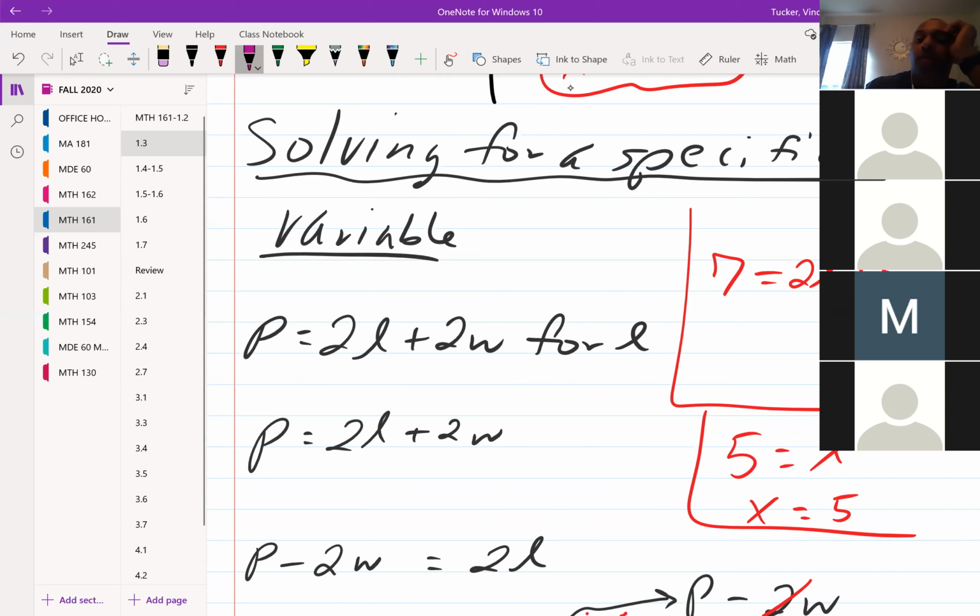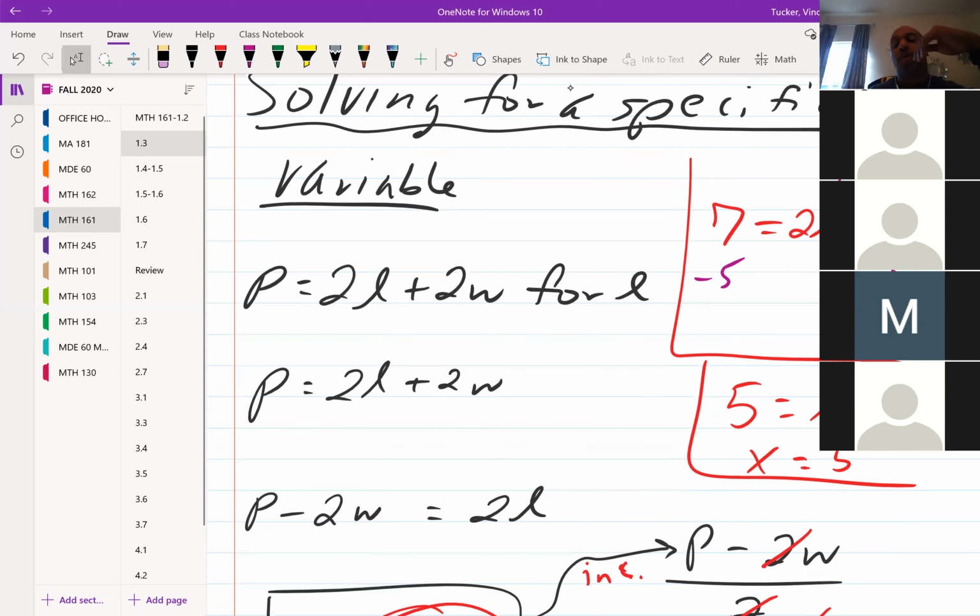So in other words, if we go over here to the 7 equal to 2L plus 5, if I wanted to get L by itself, if I wanted to solve for L, the first thing I would do is subtract 5 from both sides. So that's the same thought process I should have here. I would treat all of these other variables the same way I would numbers.